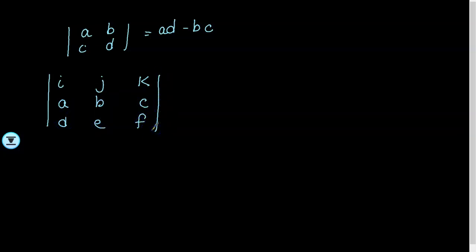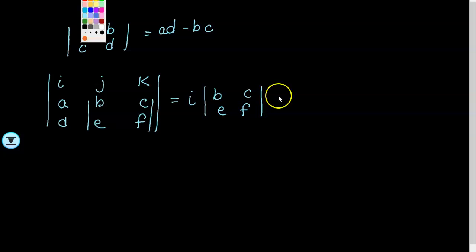To find the determinant, did you do 3 by 3? Yeah. So we go I, and then you break it up, and I'm going to go here, here. So it's B, C, E, F. I'm breaking the mold from the book. And then to get the J, you wrap around, so you go this way and then this way.